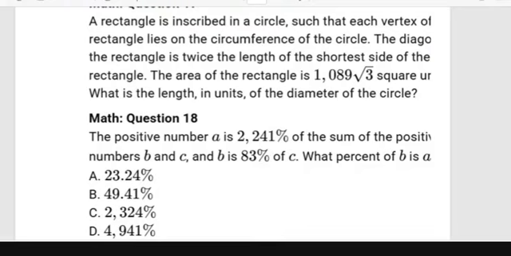So this question now, the best approach is to look at it and pick out the information that has been given to us. The first information given is that a rectangle is inscribed in a circle.